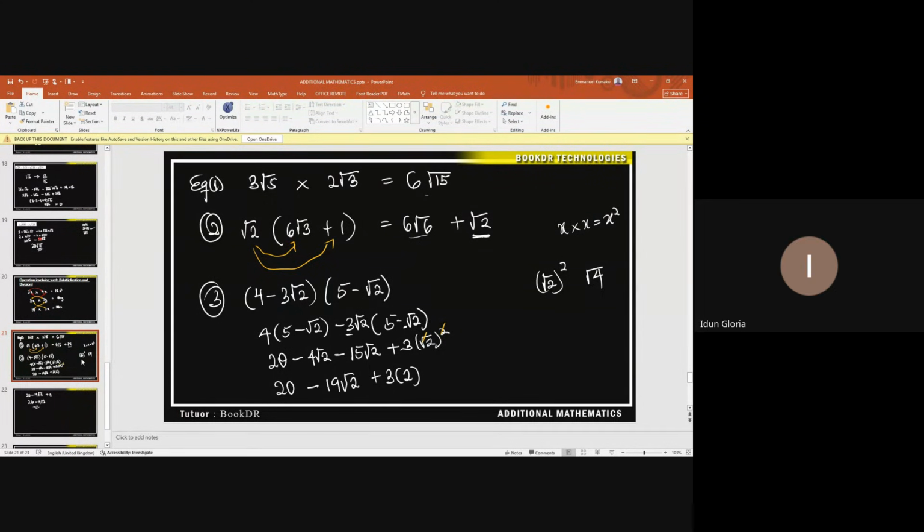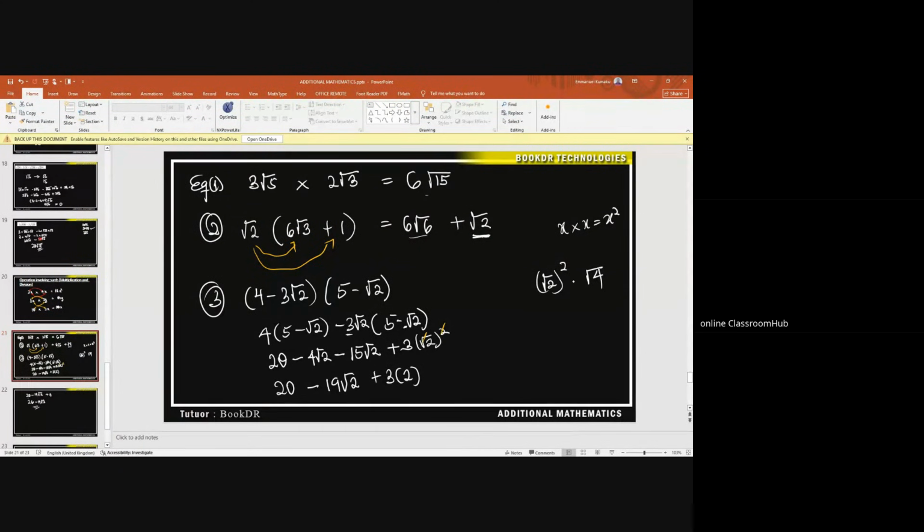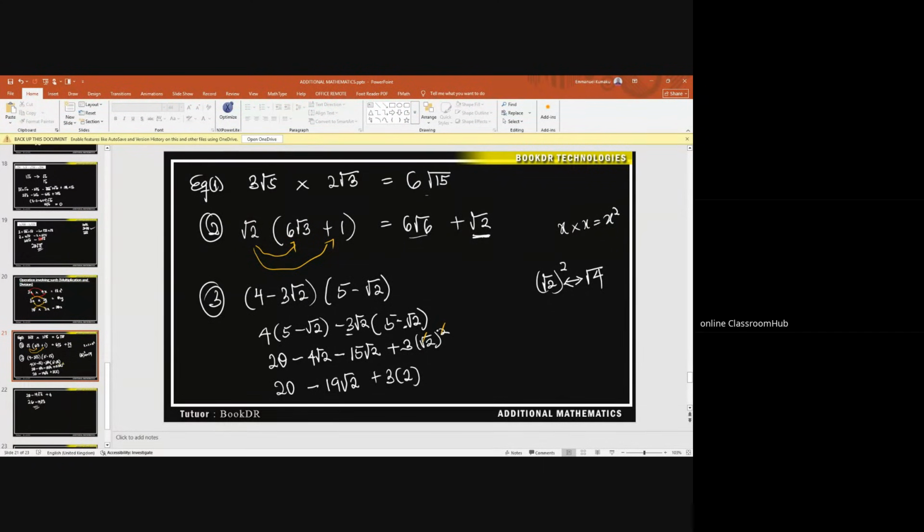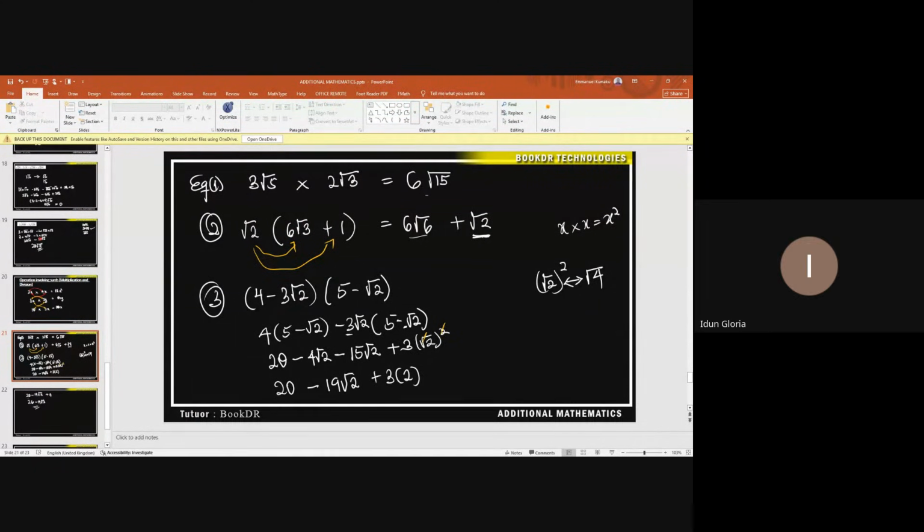Sir, please, the one I did is 3 square root of 2 into bracket square root of 2, exponent 2. Sir, please, can you do it as 3 into square root of 4? Yes, I said here that you can actually write it in two ways. Okay. Sir, when you do it as 3 square root of 4, how are you going to solve it? Good. You see here, we cancelled the square with the square root, and we got 2.